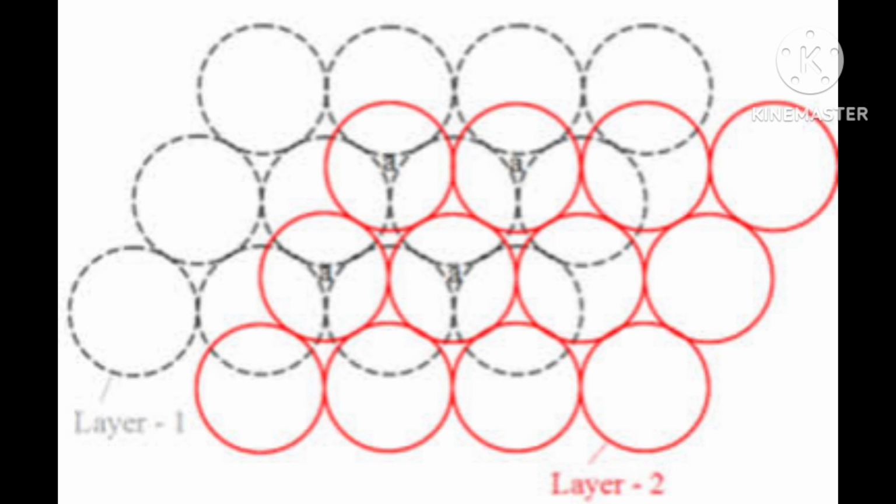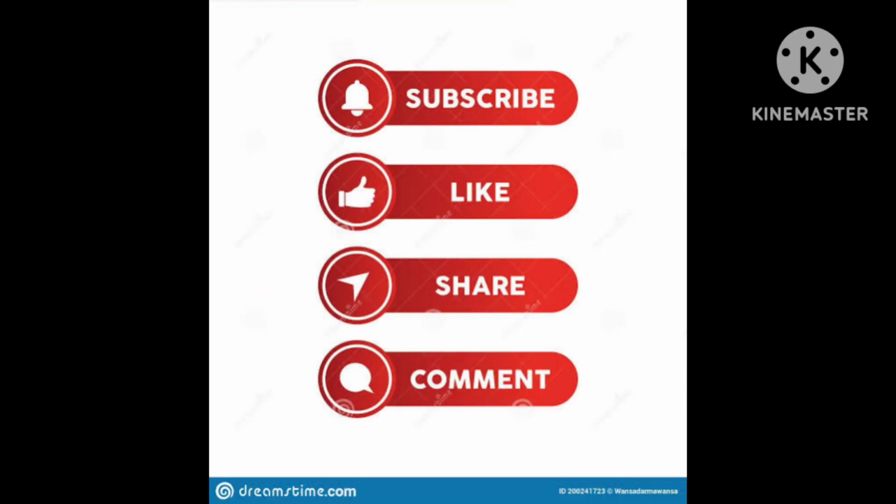That is also three-dimensional, only the height will be more. Placing the third layer over the second layer, in the case of hexagonal only, AB type, I will discuss in the next class. Okay. Thank you.